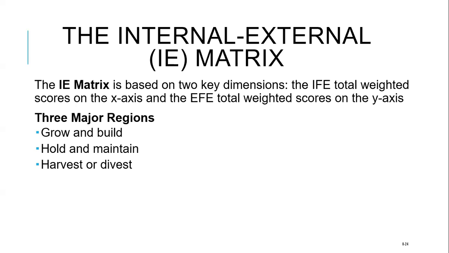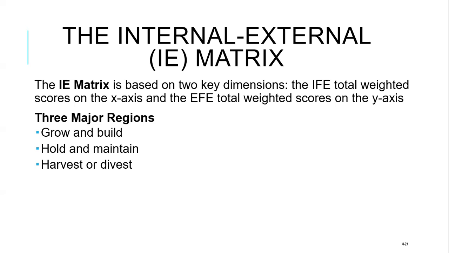So just as it did for the SWOT analysis, this one operates on the notion that the outcome of the internal-external factor evaluatory matrix can be analyzed along three major regions. And these three major regions include the grow and build region, the hold and maintain region, and the harvest and divest region.